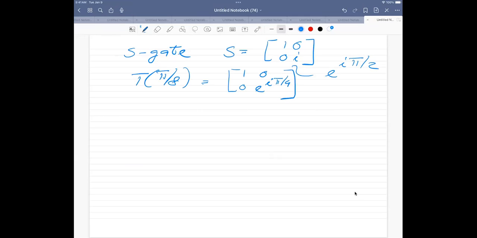Now, the matrices which we are interested in now are the rotation matrices. So we are going to have a rotation matrix, R_k, which is given in terms of 1, 0, 0, and then e to the 2 pi i divided by 2 to the power of k. And we are going to look at a more explicit form and just link why these are called rotation matrices.